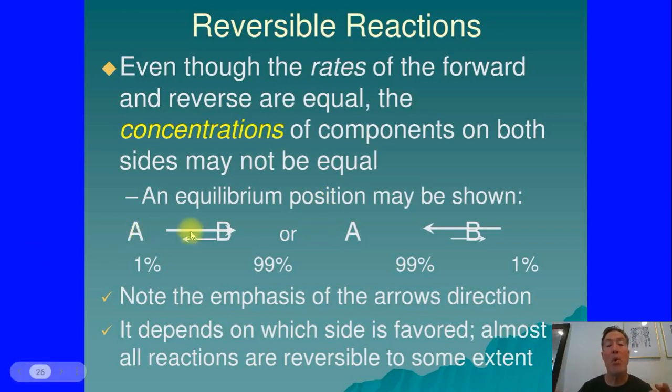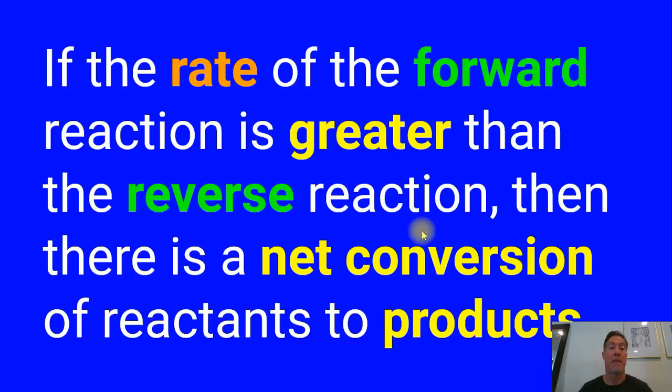The equilibrium point or position may be shifted very, very close to products, or it may be shifted very, very close to reactants. So that's what we talk about. We talk about which side is being favored. Does equilibrium favor the production of products, or does equilibrium favor the production of the reactants?